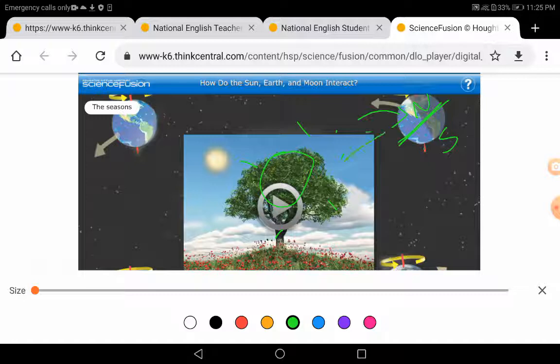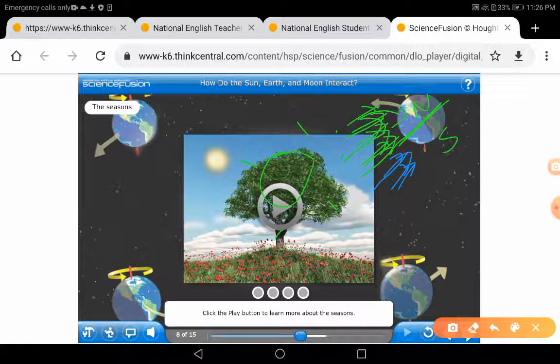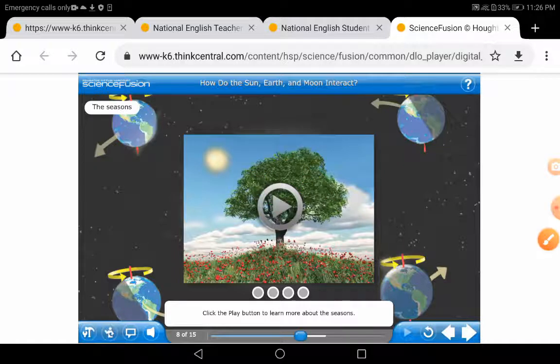You can see? So it receives more sunlight. The part that receives more sunlight experiences summer, while the part that receives less sunlight experiences winter. Okay, keep it in mind, and let's start looking at this slide.